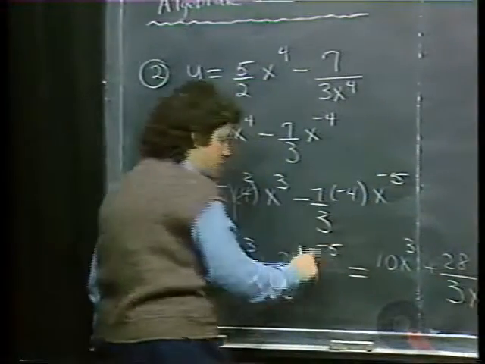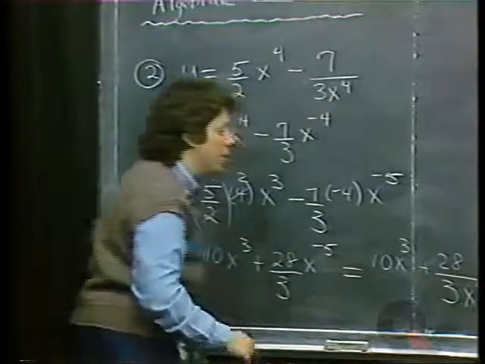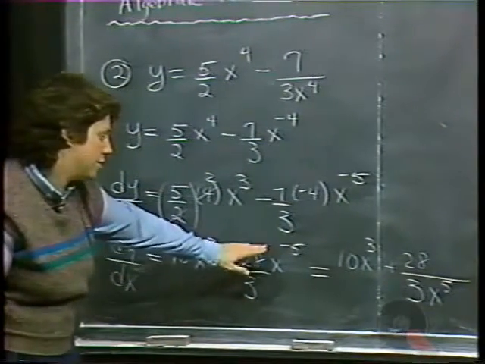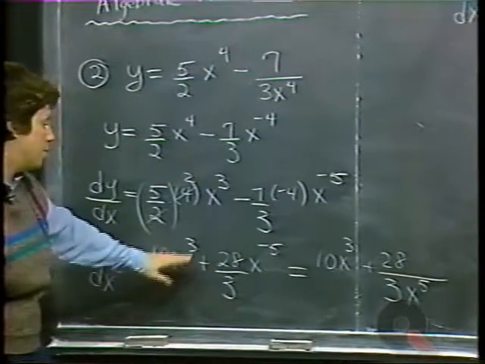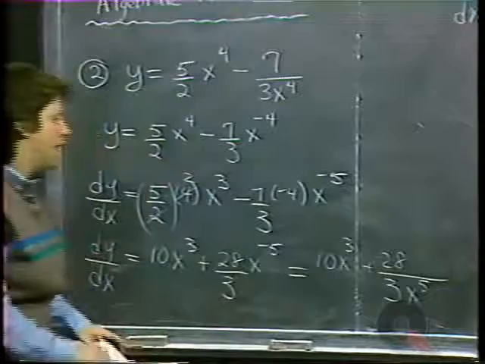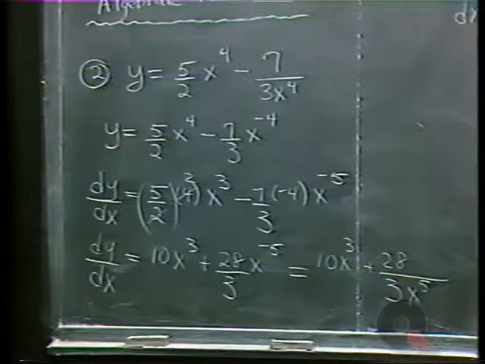In other words, the x to the minus 5 can be brought downstairs as x to the plus 5. So we can either leave it as 10x cubed plus 28 thirds x to the minus 5, or 10x cubed plus 28 thirds, and then x to the minus 5 can go downstairs as x to the 5th. Okay? So that's the answer to that problem.